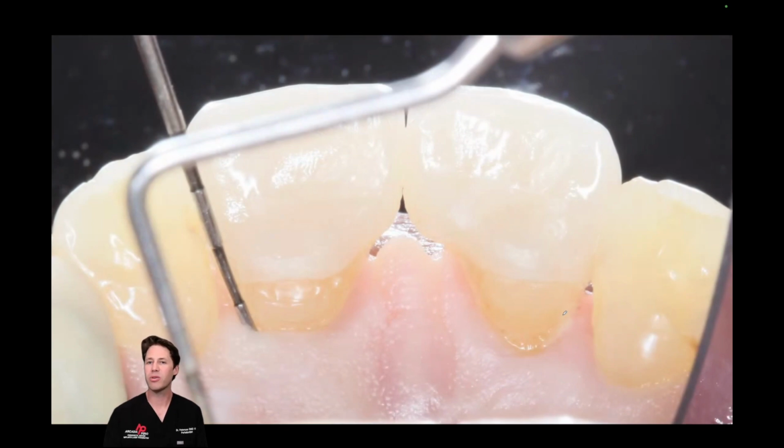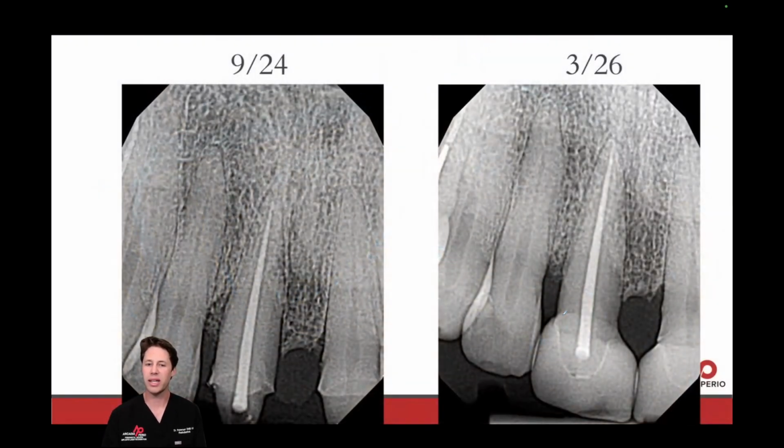Let's look at the radiographs one more time before I close out tonight's case. Again, that circumferential moat-like defect with a guarded periodontal prognosis presenting in September of 2024. Flashing forward using the laser assisted regeneration protocol, look at the osseous regeneration, osseous fill, 18 months post-treatment in March of 2026.